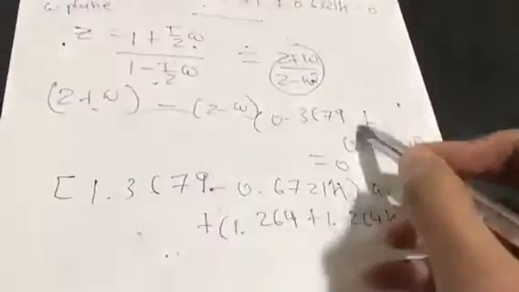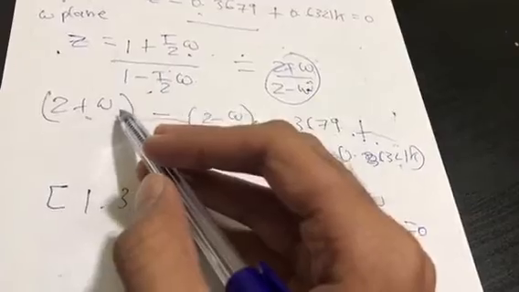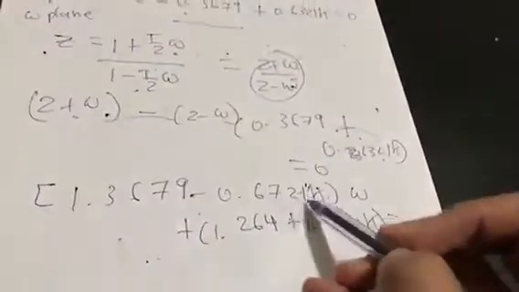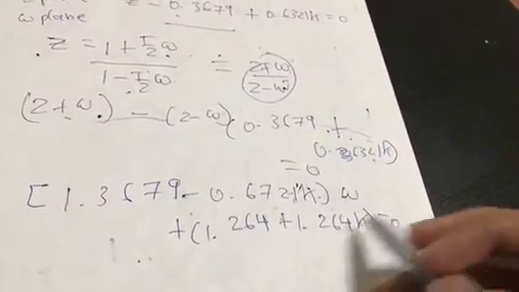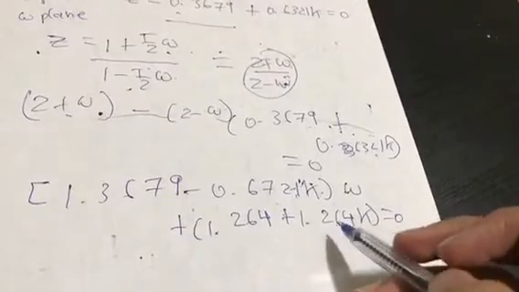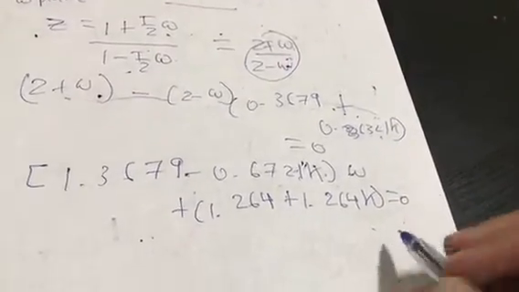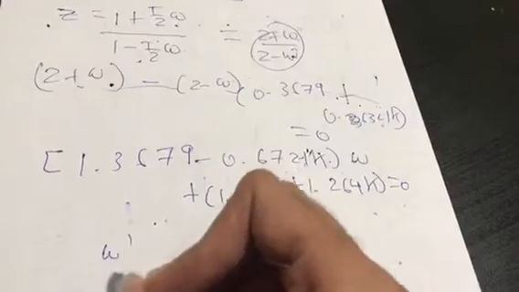You have to just solve this equation so that you get everything in terms of omega. So you separate out the omega terms and the terms without a variable, which is omega raised to 0.